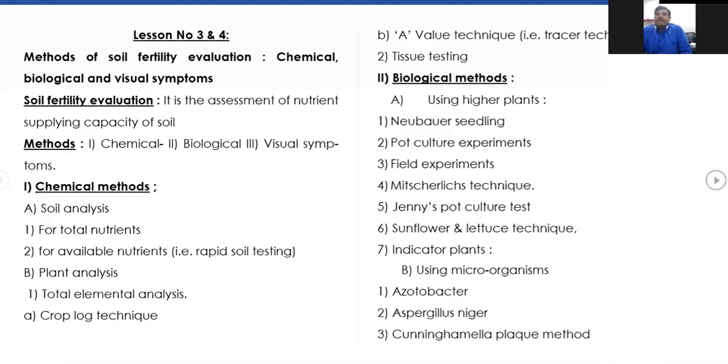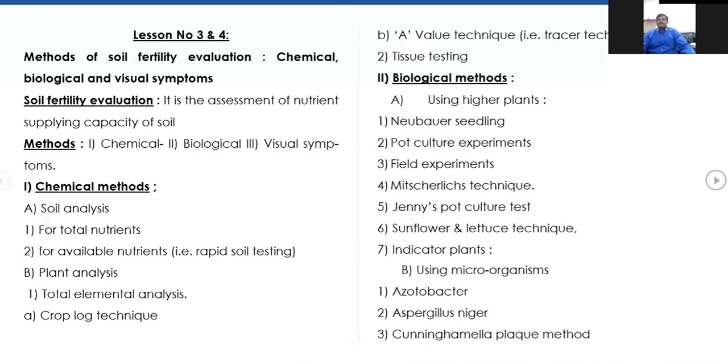Let's start with the second method, known as the biological method. It is categorized into two: using higher plants and using microorganisms. The first method is the neighbor seedling method. Another is the pot culture experiment.